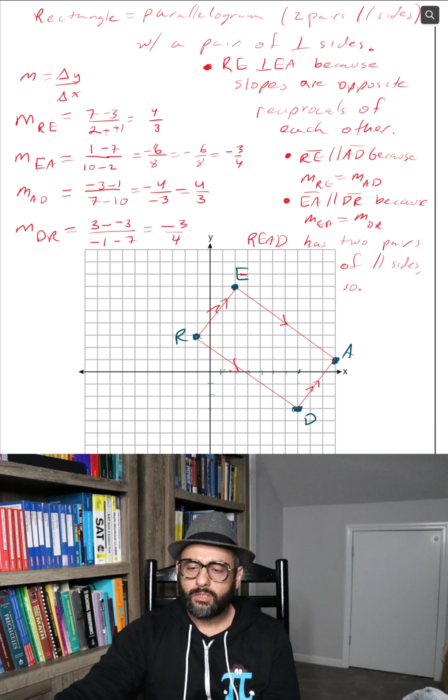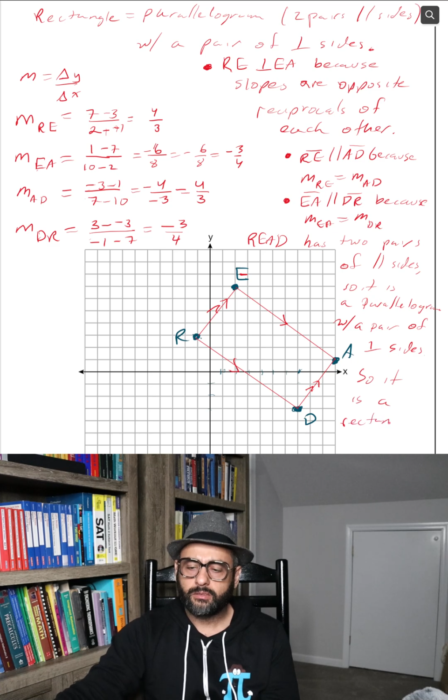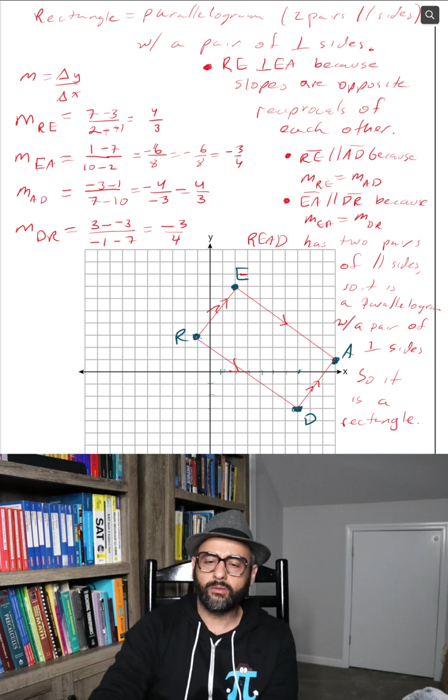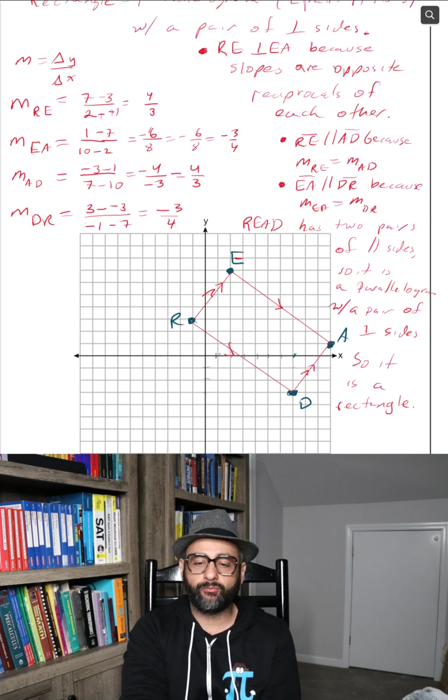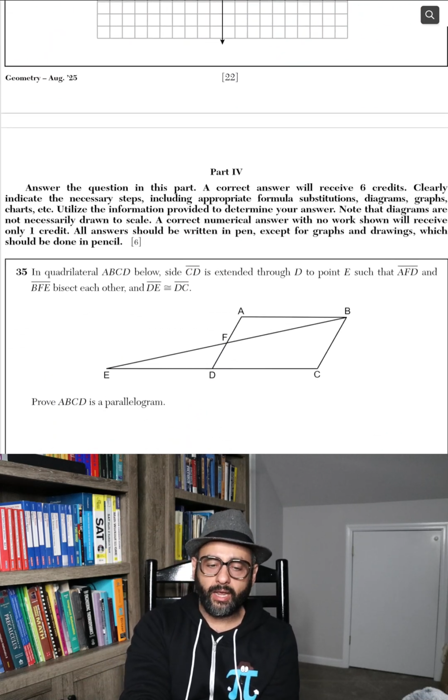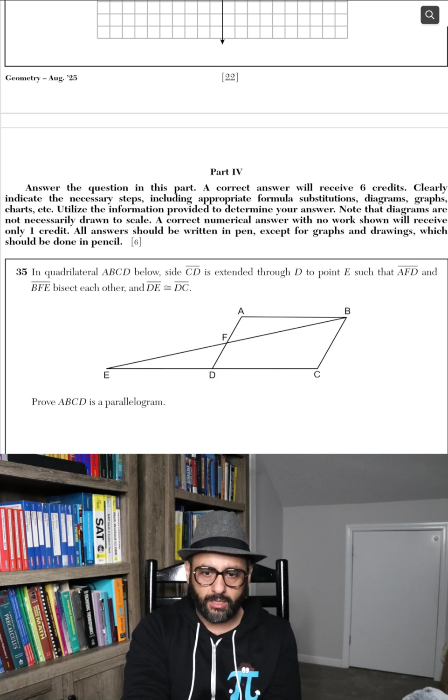So it is a parallelogram with a pair of perpendicular sides. So it is a rectangle. There we go. We've proved that it's a rectangle and we've gained 4 points. And we are about to ace this test.